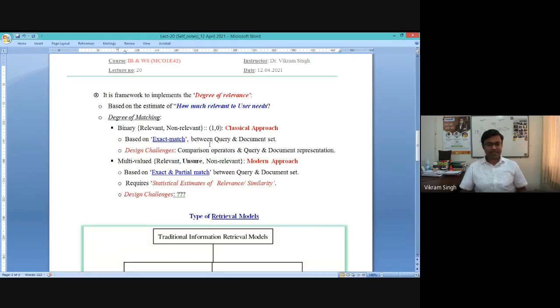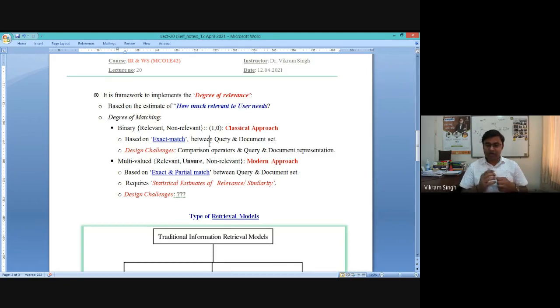So as far as design is concerned, whenever we are implementing a classical approach like binary matching or a Boolean-based retrieval model for matching, two things are very important: how the user query has been represented, how documents have been represented, and how the matching between query and documents is achieved.